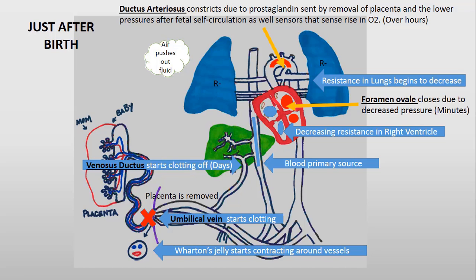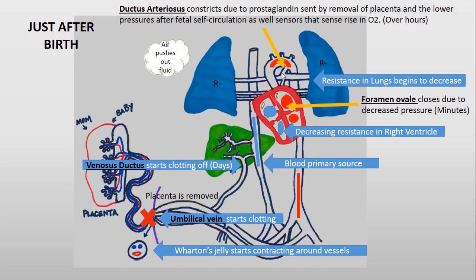After fetal circulation starts, there's also sensors within this ductus arteriosus that, sensing the rise in the oxygen, it starts to clot off. It starts to deteriorate, and in and of itself removes itself.